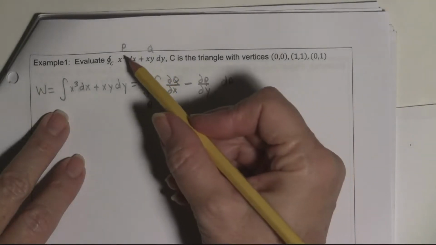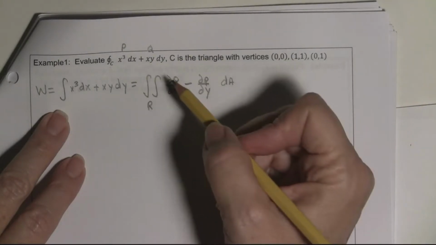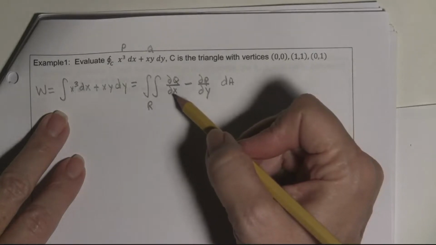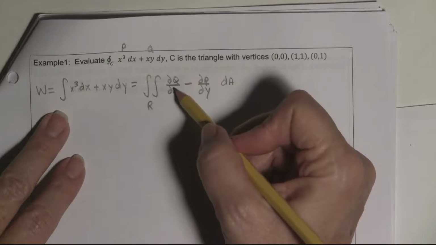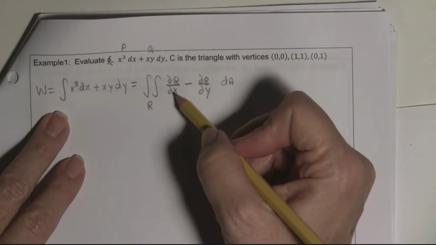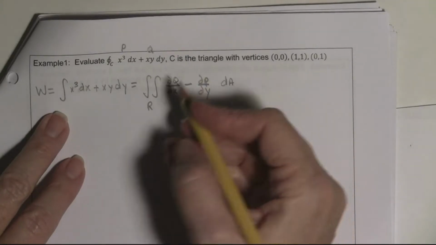So I've identified Q, and I want to take the partial with respect to x. So that will be y.